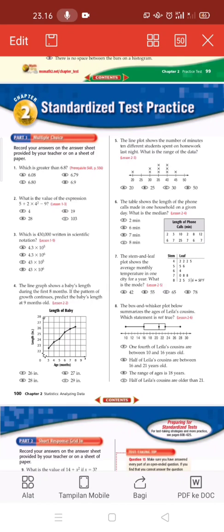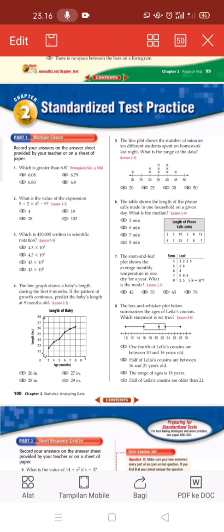4. The line graph shows a baby's length during the first 8 months. If the pattern of growth continues, predict the baby's length at 9 months old. F. 26 in. G. 27 in. H. 28 in.